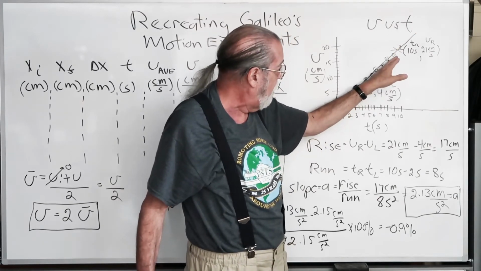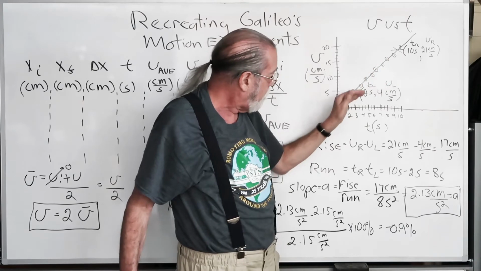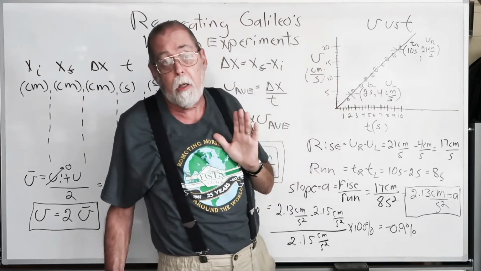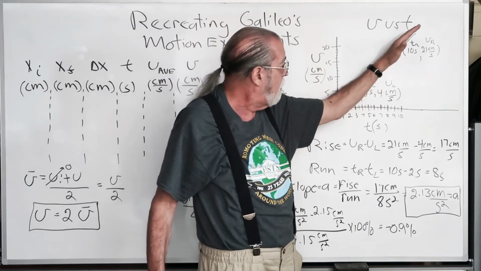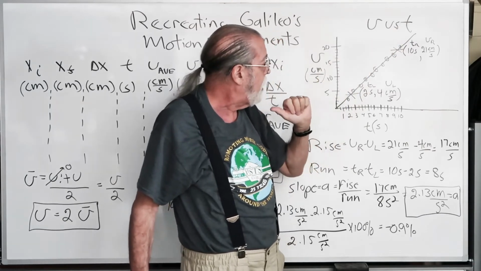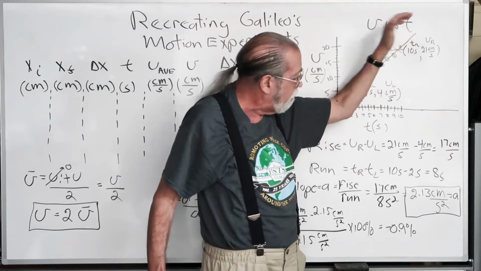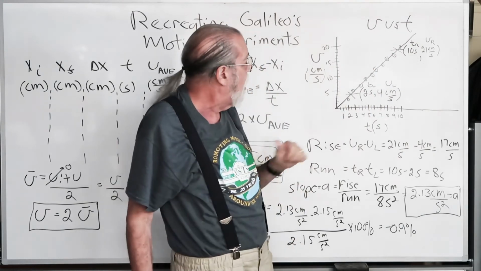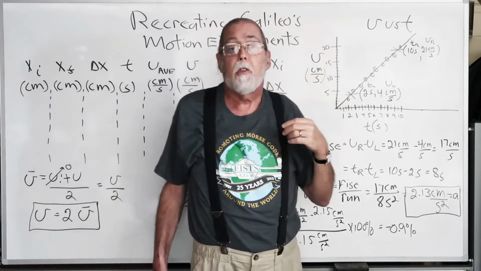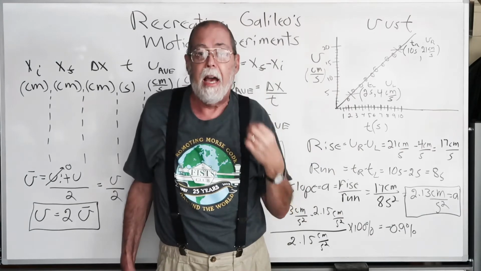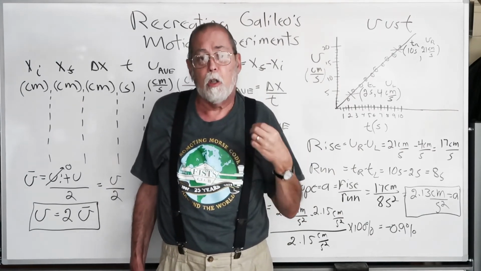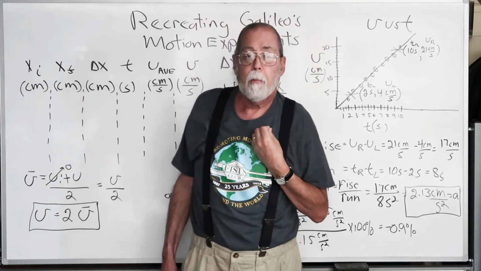Some might be above, some might be below, some could be on it, it's hard to say, but it is very important to draw your best fit line. The center line of the road that you just laid down is your best fit line. This is a very sophisticated averaging process called a linear regression.